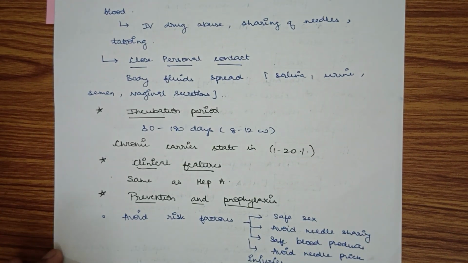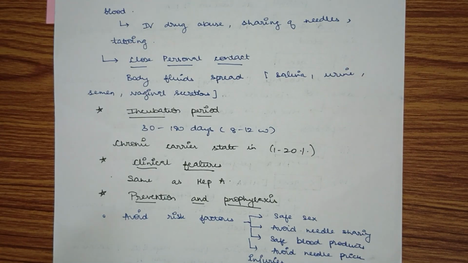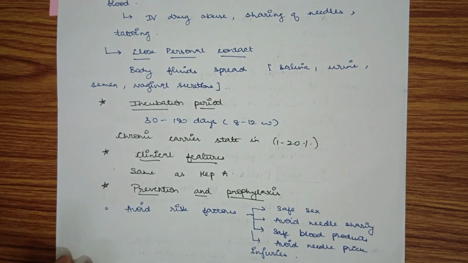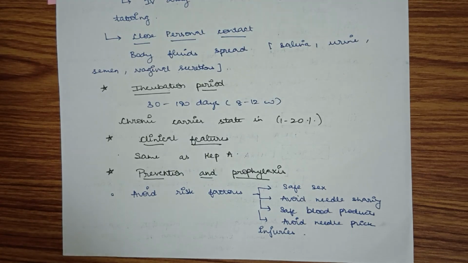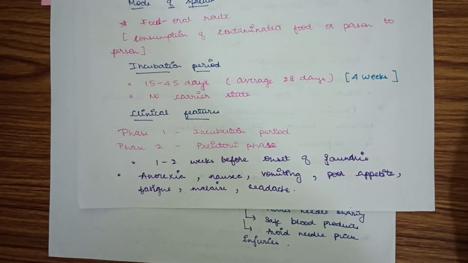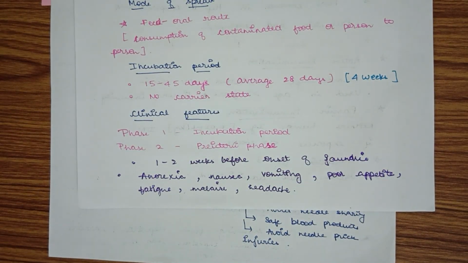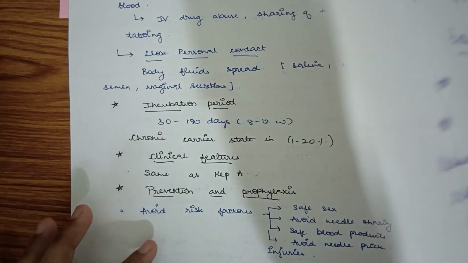The incubation period is 30 to 180 days, which on average is 8 to 12 weeks. The chronic carrier state is seen in 1 to 20 percent of individuals. The clinical features of hepatitis B are the same as those of hepatitis A virus. These are the clinical features of acute hepatitis B, which has phase 1, the incubation period. Phase 2 is the pre-icteric phase, before the onset of jaundice, with nausea, vomiting, poor appetite, fatigue, malaise, headache, and anorexia.